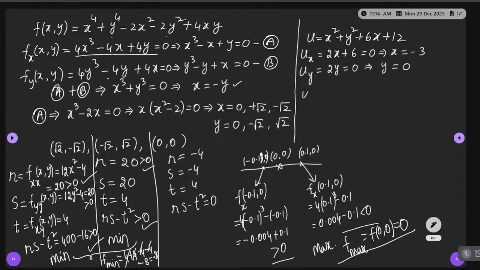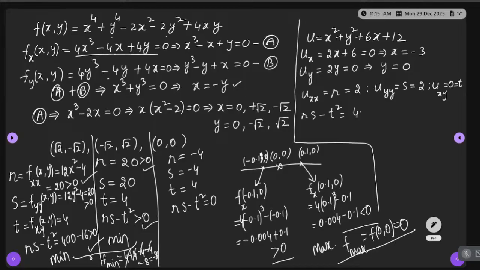So next, u double x, let it be r, what is it? 2. u double y, what is it? 2. uxy, what is it? 0. That is t. rs minus t square is 4 minus 0, greater than 0, and r is greater than 0.